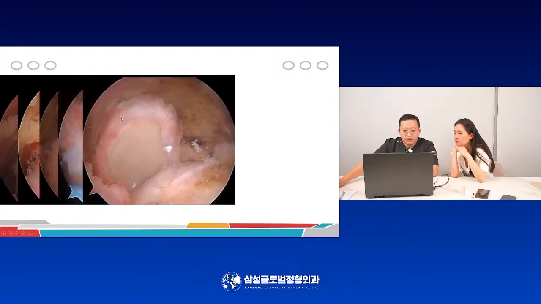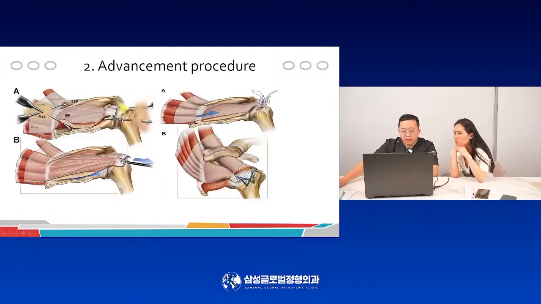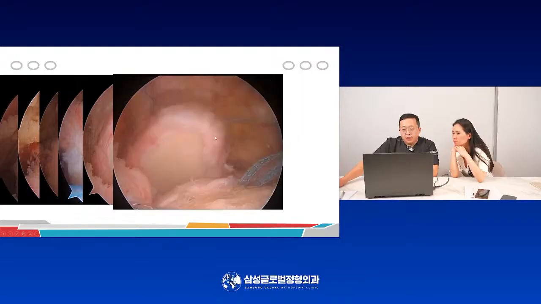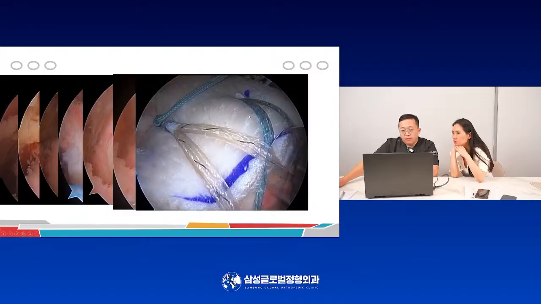So he usually uses the allograft for the SCR procedure. In that way, the glenohumeral joint could be covered much more efficiently.